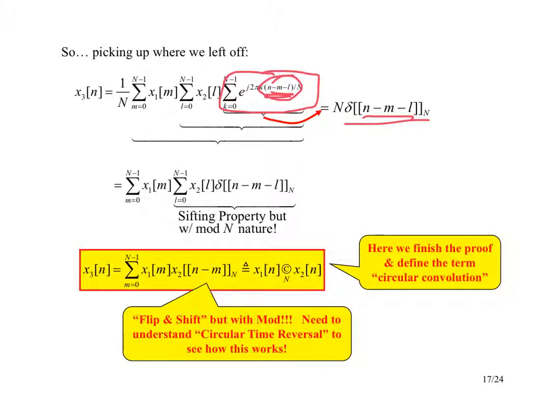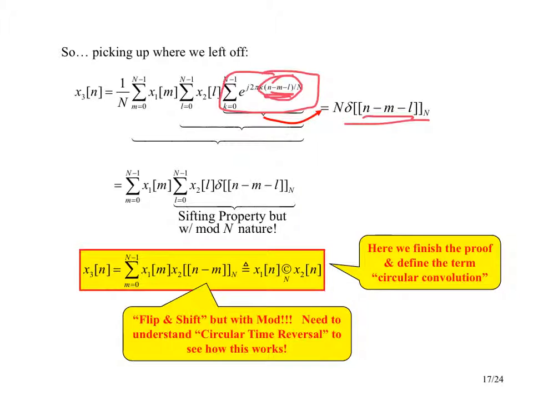And so now we get this delta function substituted in, and now we're going to have a sifting property happening here, but it's a sifting property that has a periodic nature, so it's got a mod N characteristic to it.